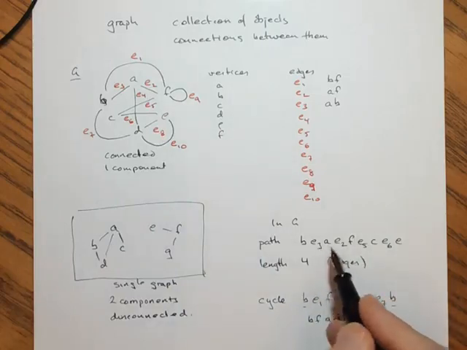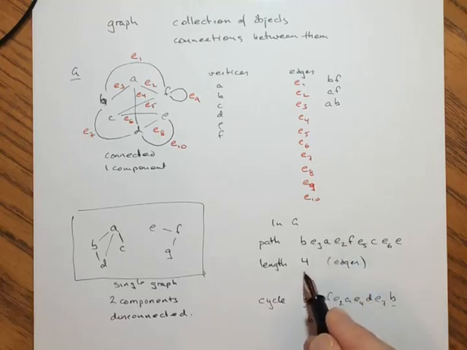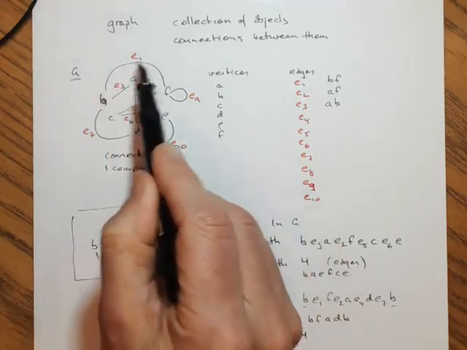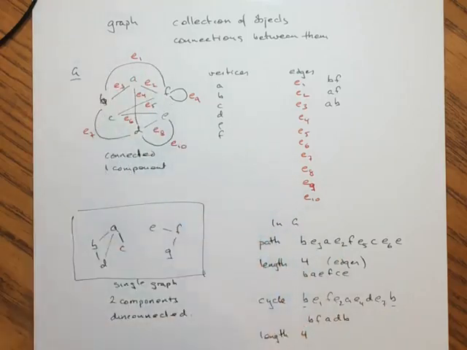You could have abbreviated this path as simply B, A, E, F, C, and ending at E. Again, we can count the number of edges in the cycle, and in this case we've got 1, 2, 3, 4 edges.